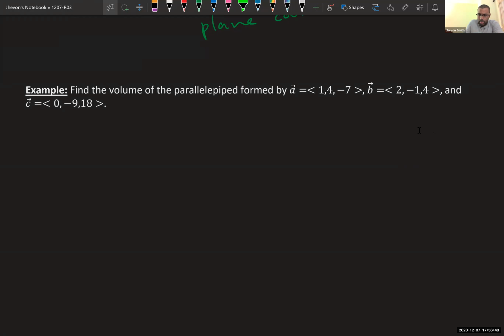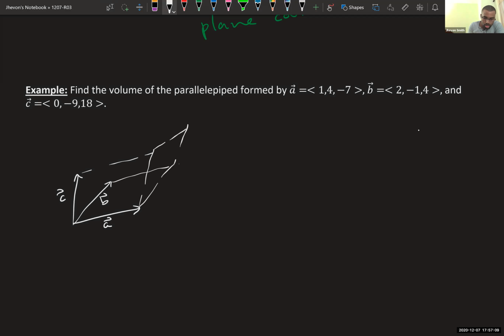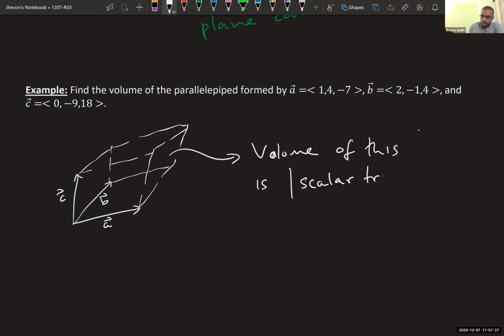Find the volume of the parallelepiped formed by blah, right? So we also saw that if I have three vectors, A, B, C, then the volume of this is the magnitude of the scalar triple product, which I briefly mentioned last time.